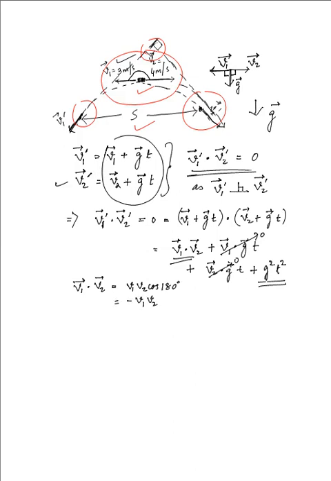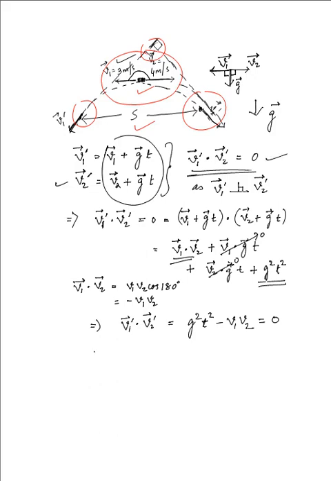So this is minus v1 times v2, and with this available as well, what we get is that v1 dash dot v2 dash is simply equal to g square t square minus v1 v2, and this obviously goes to 0 as per the condition given over here.